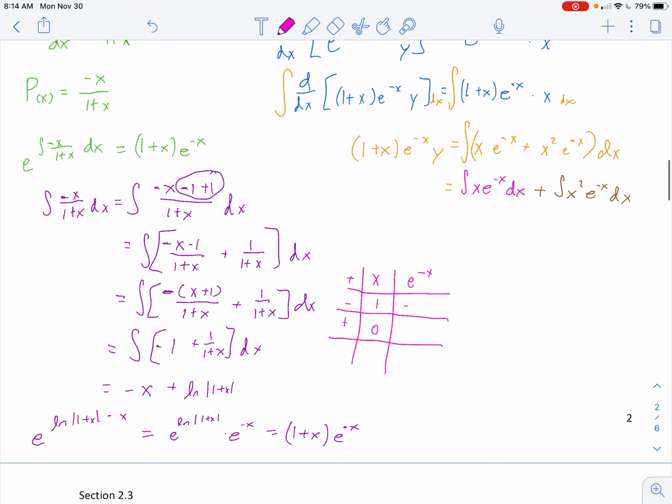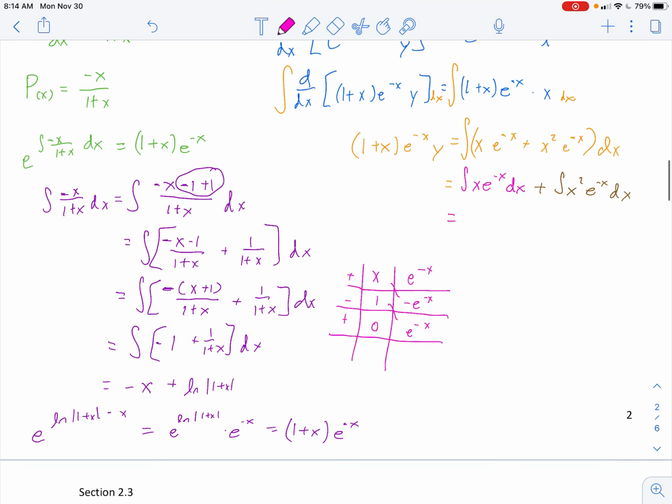Take the antiderivative of e to the negative x, which is e to the negative x. Antiderivative of that is just going to be e to the negative x. Then we take our crosses, and so that first term, when we integrate it, is just going to be negative x e to the negative x minus e to the negative x. And then that's finished there.